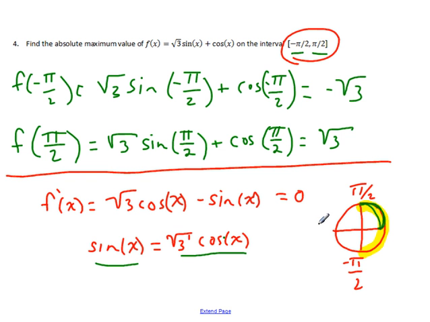And so then, if you don't know the answer right away, try the different functions. So try pi over 6, pi over 4, pi over 3. Just put them in there and see if you get an actual true equality. Or just know your unit circle really well and say that, at pi over 3, we know that sine of pi over 3 is root 3 over 2, and cos of pi over 3 is 1/2.